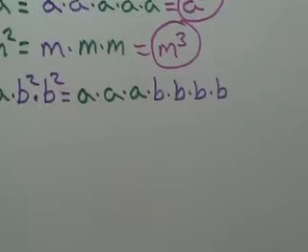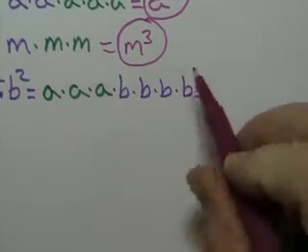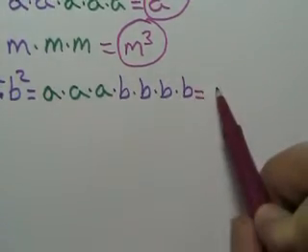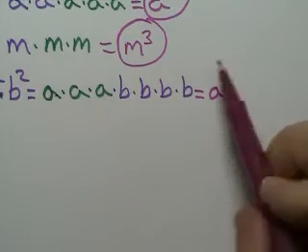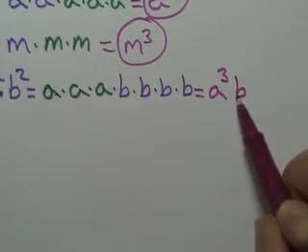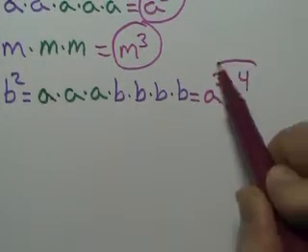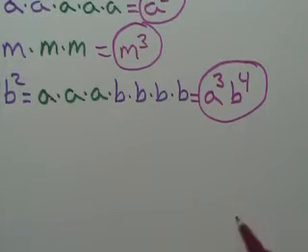And if I total that up, let's see, I have a's. How many do I have? 1, 2, 3 of them. And the b's, I have 1, 2, 3, 4 of them. A to the 3rd, b to the 4th.